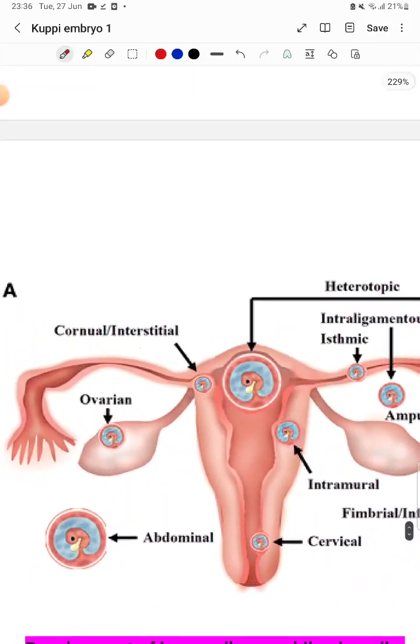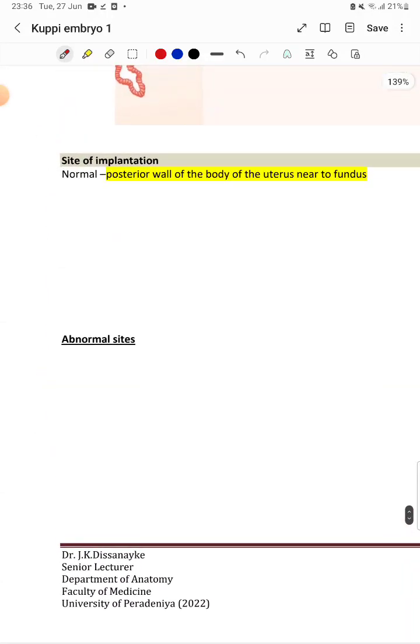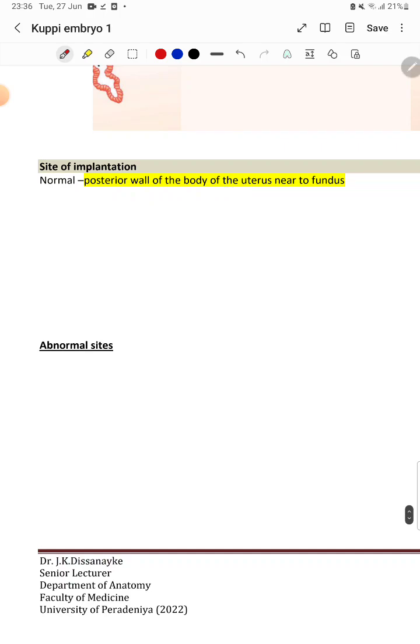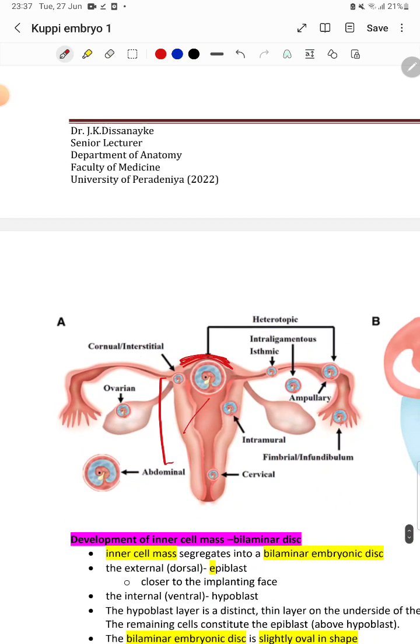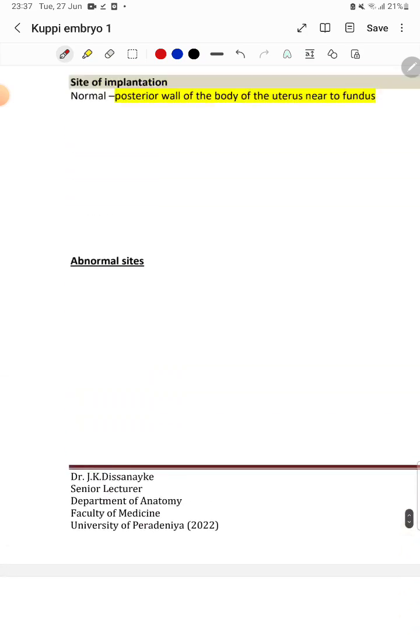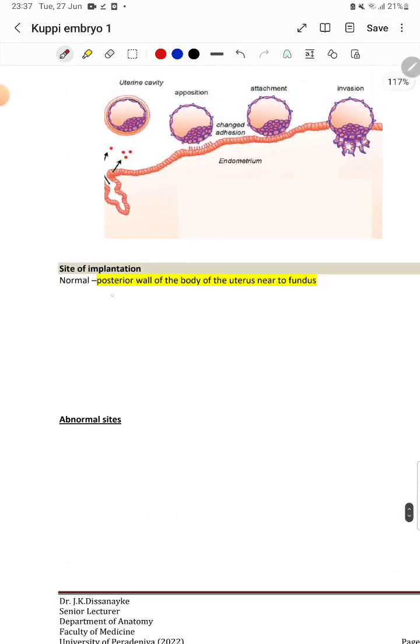It will be in the posterior wall of the body of the uterus near the fundus. So the fundus is at the top, right? So the fundus is at the top, and then you have the body here, typically, roughly, and then the posterior wall of the body, just near the fundus, is where implantation occurs.